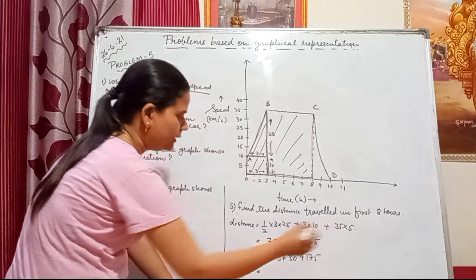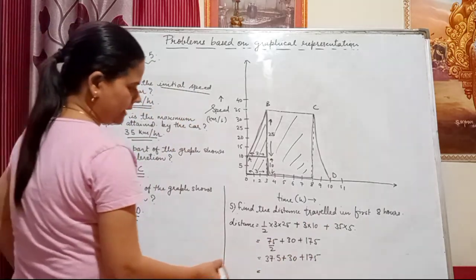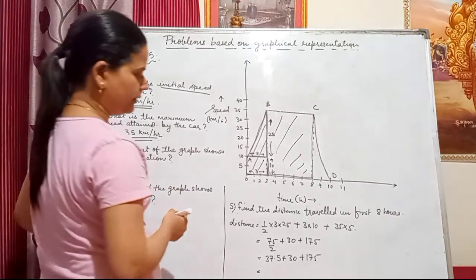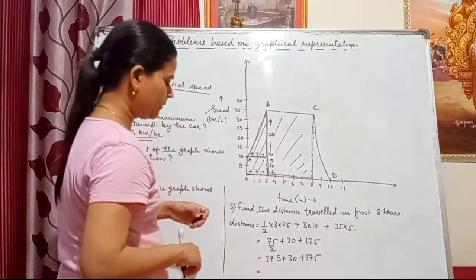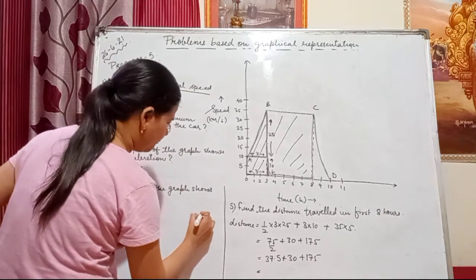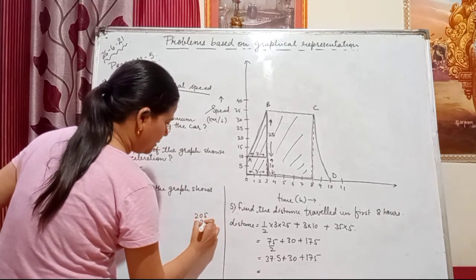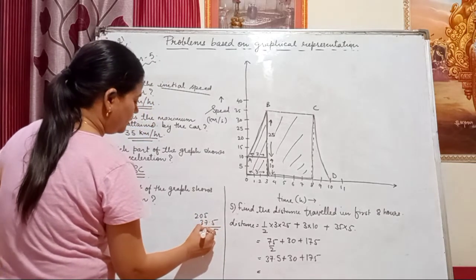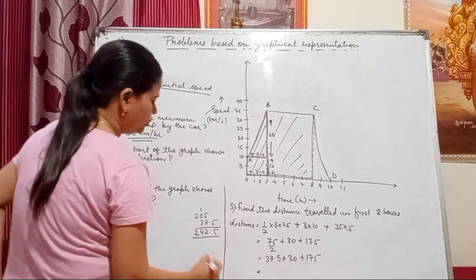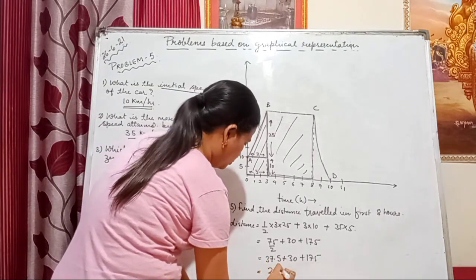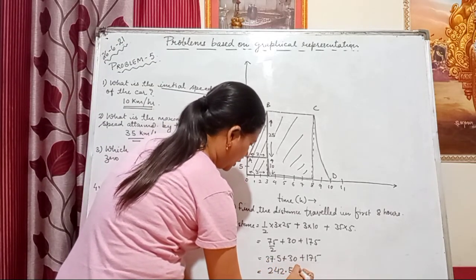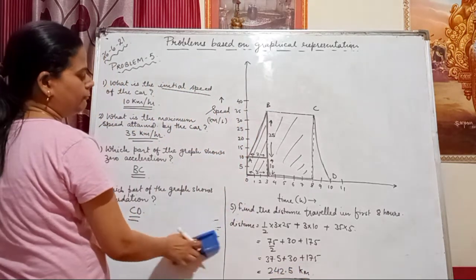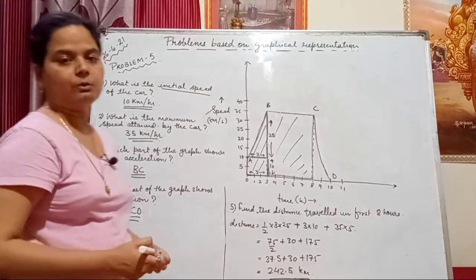If you add all these, 175 plus 30 is 205, and 205 plus 37.5 is 242.5 kilometer. So that will be the distance covered in the first 8 hours.